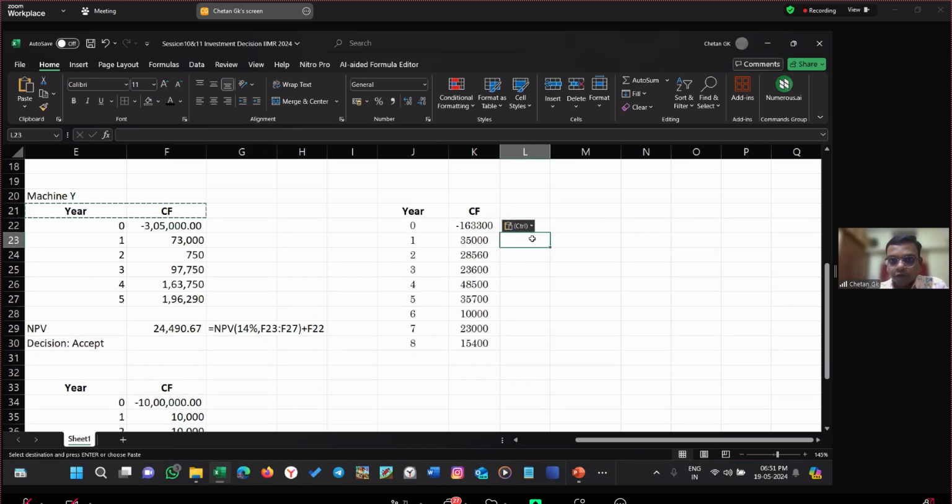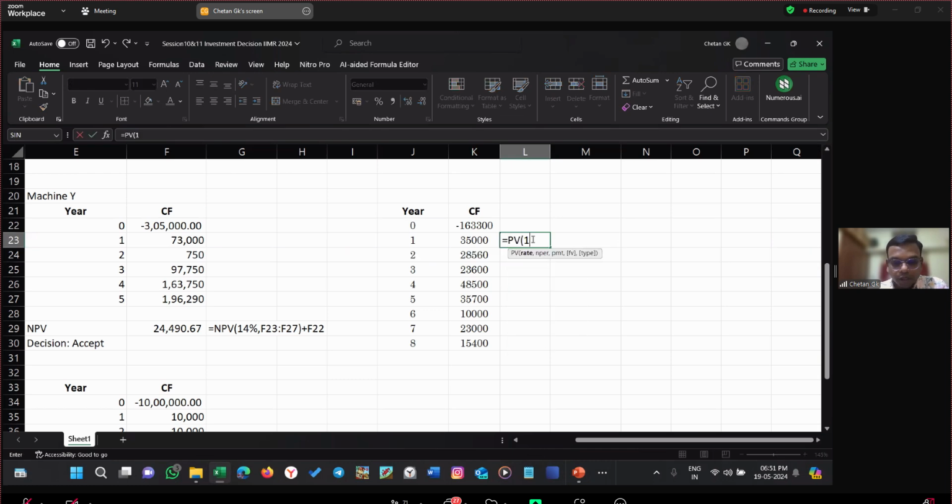Okay, so what I do is I take is equal to PV. Assume 10%. So PV, n per is 1.